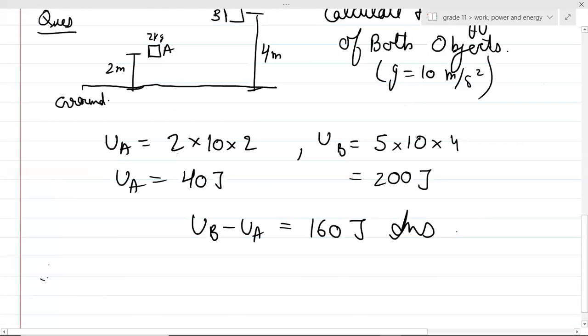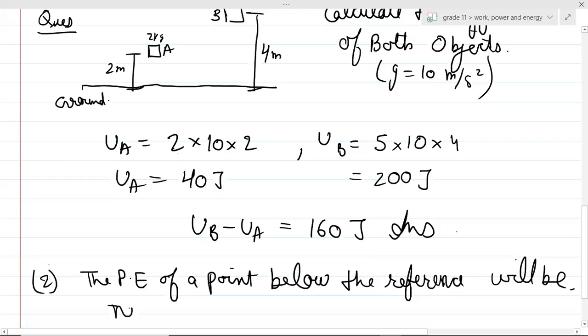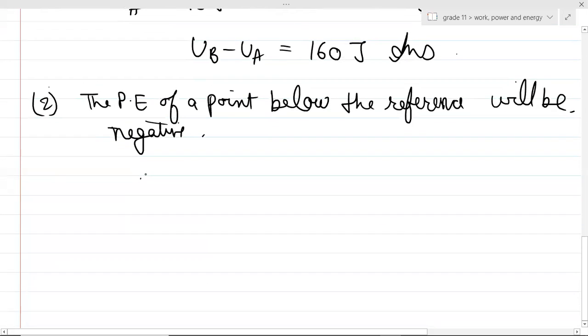Always remember, now the second point of note: the potential energy of a point below the reference will be negative. For example, suppose this is the reference and I have two objects, one over here and one over here.